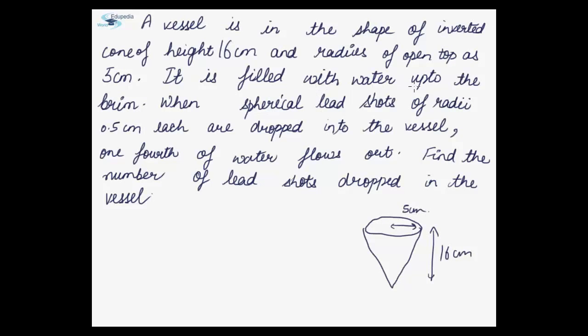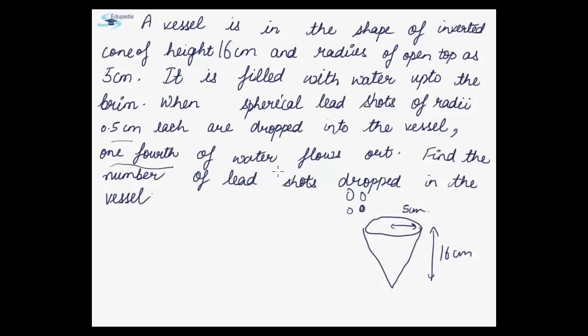It is filled with water up to the brim. By up to the brim, we mean that this cone or vessel is completely filled with water. When spherical lead shots of radii 0.5 centimeters each are dropped into the vessel, we have dropped some spherical shaped balls in this inverted cone.